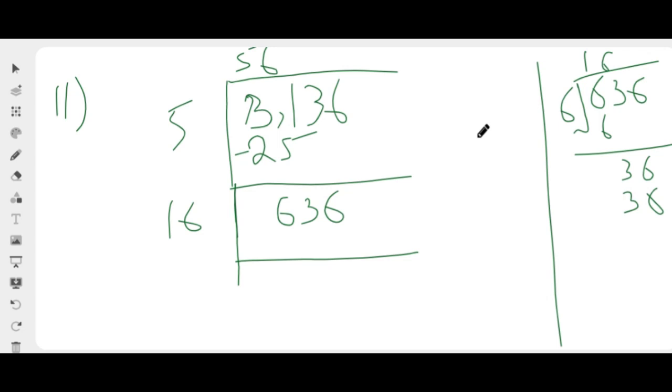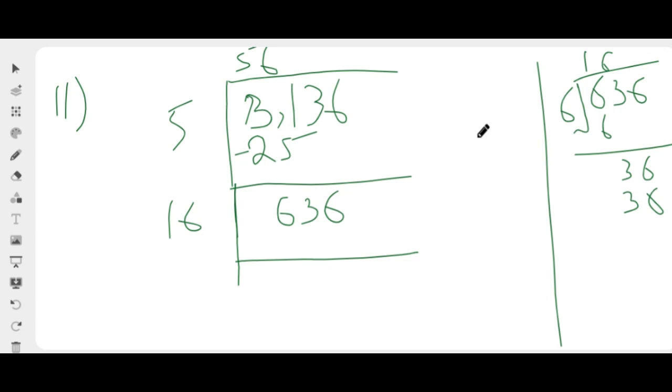Ma'am, we have to get 636. So how did we get this? We are making some mistake. When we multiply 16 with 6, the answer is 96.